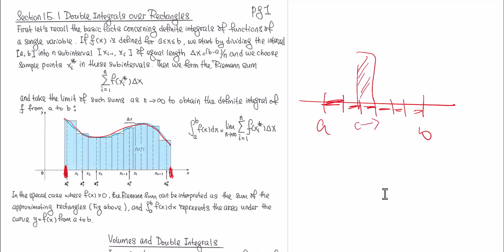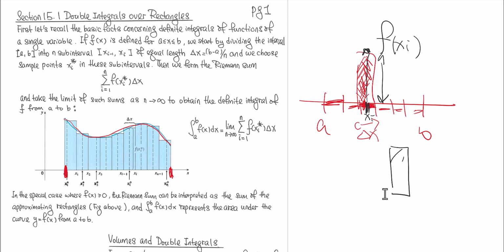The notation here is delta x, right? So you construct this rectangle. The reason is that the rectangle's area is very straightforward. Let's say you have a point here, let's call it xi. You look at the value of the function f(xi), and use it to represent the height of the rectangle.